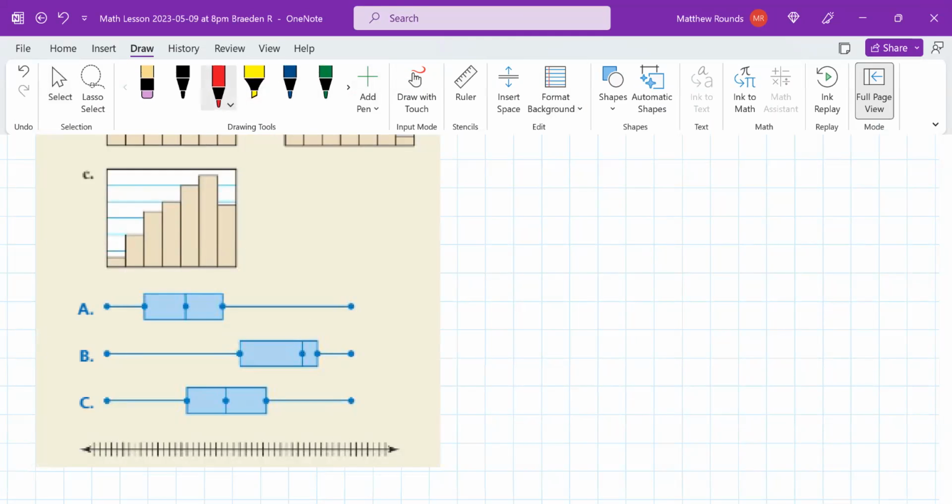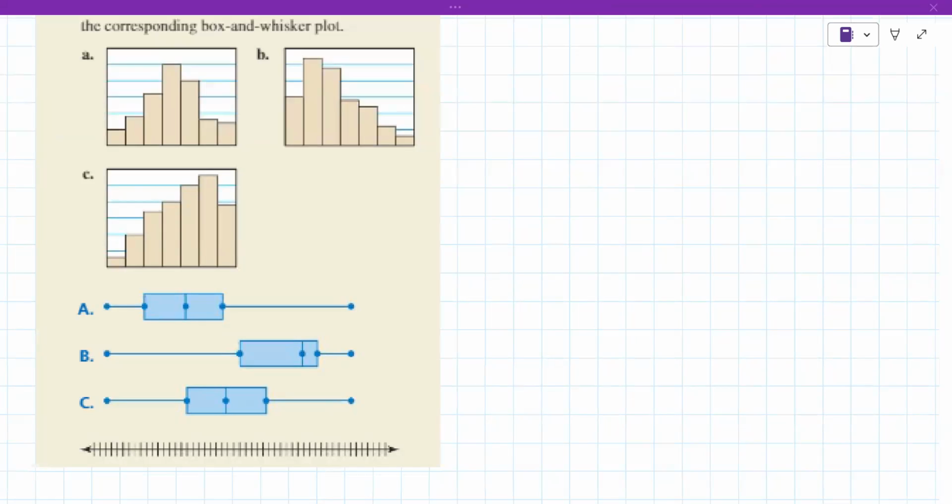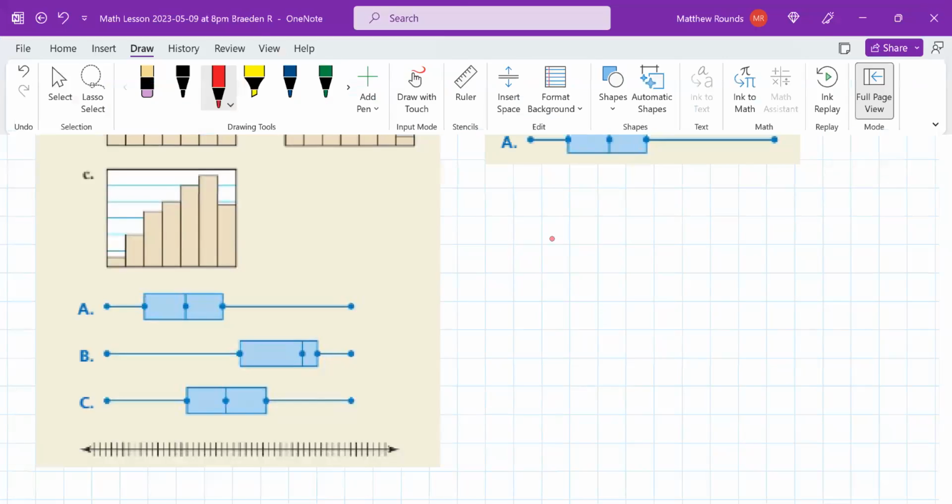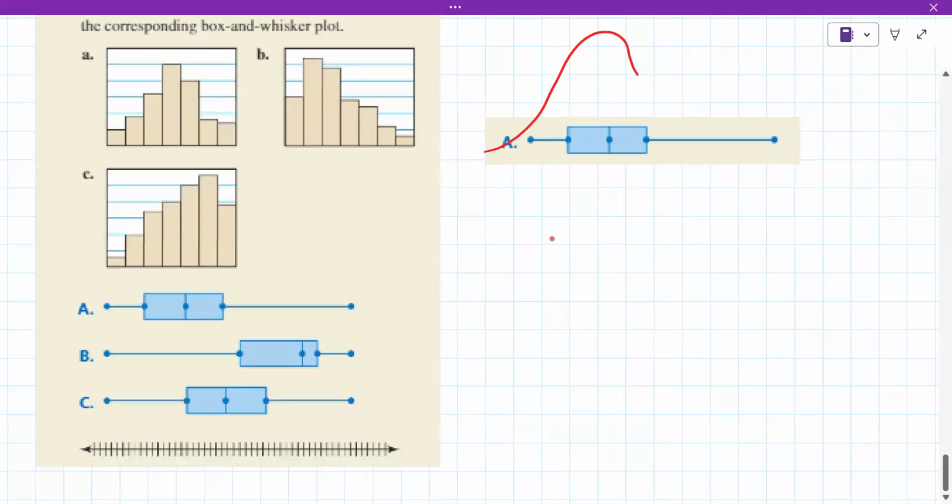Let me grab just A, so I can show you what you're looking for. A has a shape that looks like this. So you're looking for the histogram that resembles this. And I think you can see that is B.